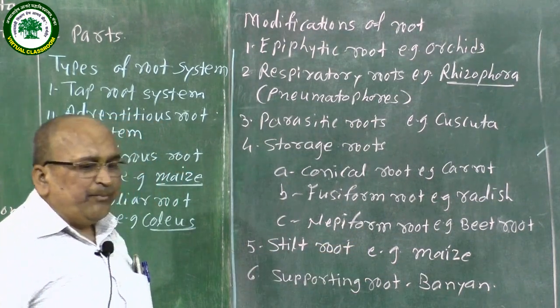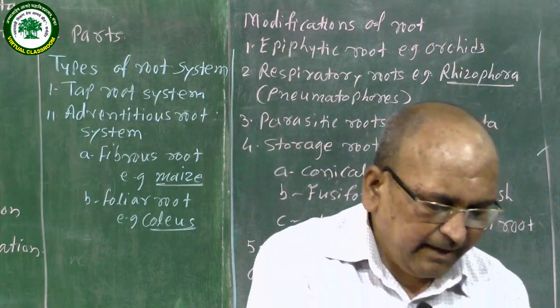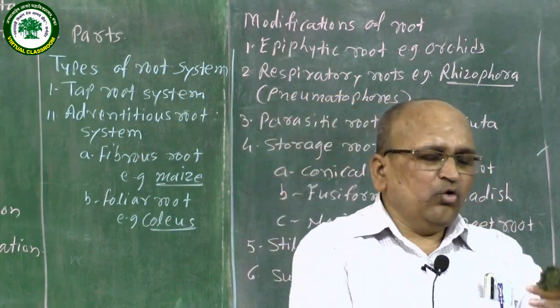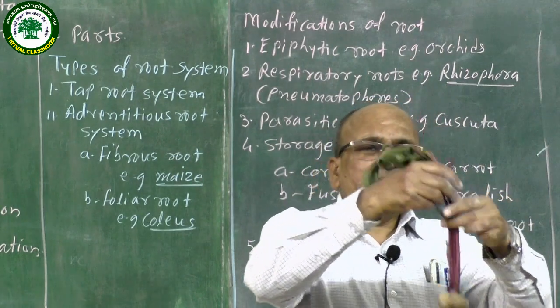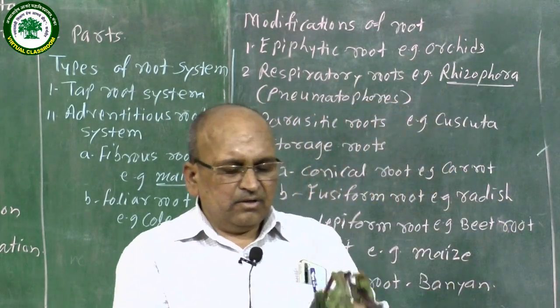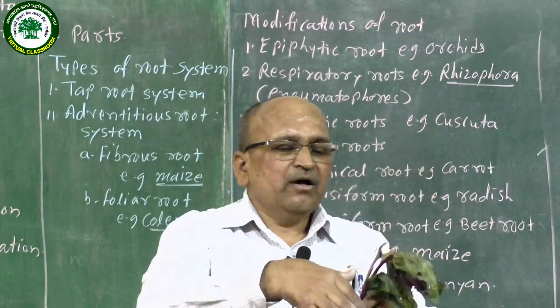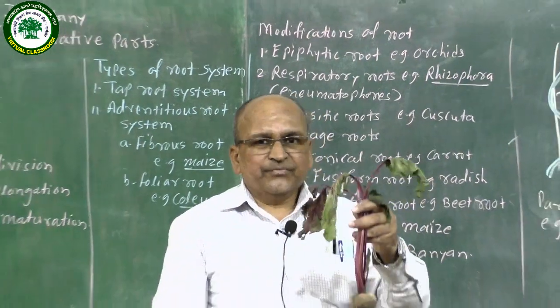Example is the beet root. In this type of root, there is no well developed stem system, only leaves.